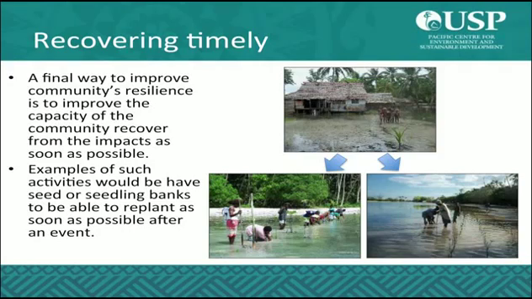It can be made, for instance, by piling material and having skilled people in the community that are able to rebuild houses in a better way after a flooding or cyclones. It can be also, for instance, to have seed banks or seedling nurseries that allows the farmers to replant the crops as soon as the event is over. That way you can have your food security back very soon.